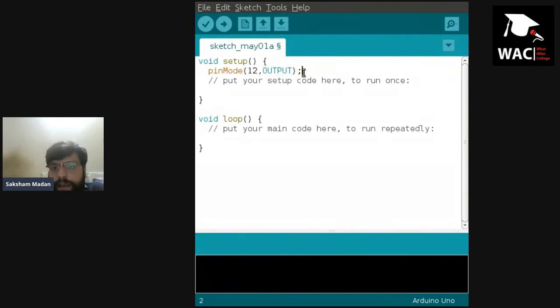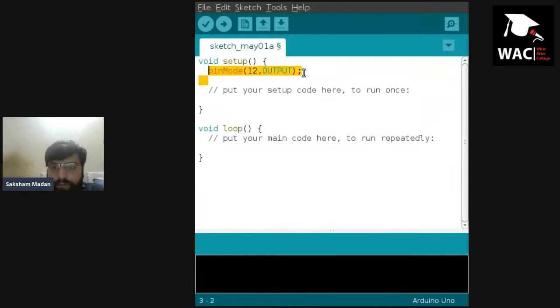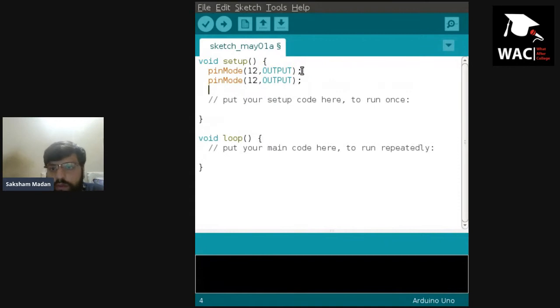If I want to do the same for input, I just have to change it to input. Let's say 9th pin input. Right now my 9th pin is an input pin and my 12th pin is an output pin. Is that clear?